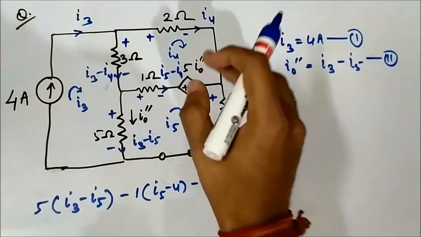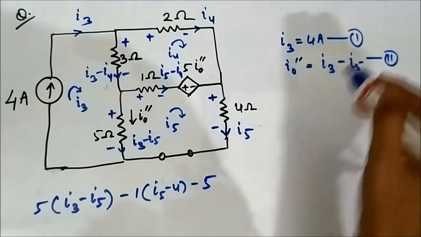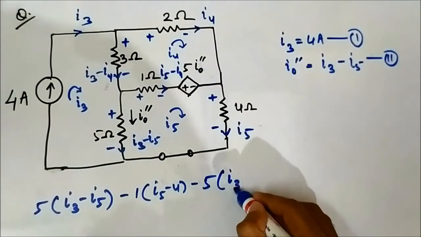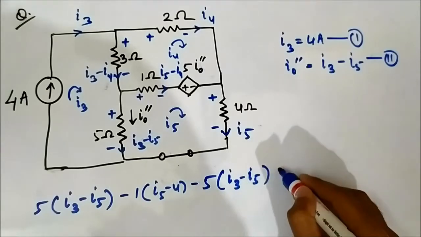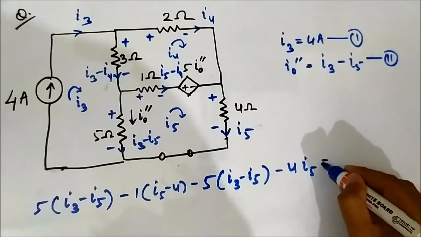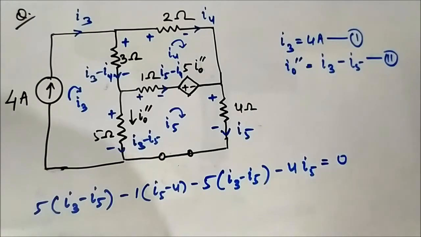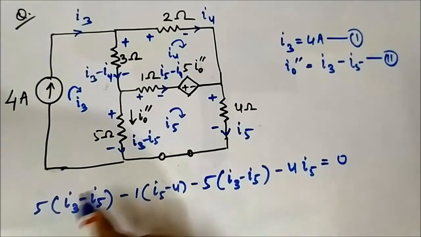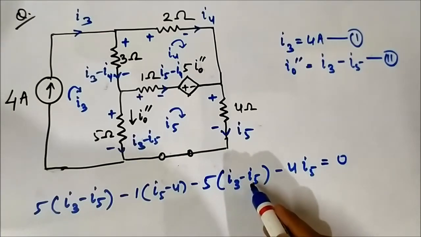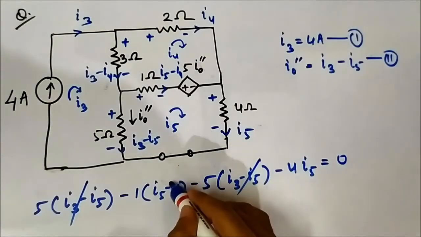We can write it that way, but we want to keep it in terms of I3, I4 and I5, so we will substitute this value, minus 5 I0 double dash, which is I3 minus I5, minus 4 I5, which is equal to 0, this lower mesh. That implies 5 into I3 minus I5 and minus 5 into I3 minus I5 will get cancelled. So this is I4.